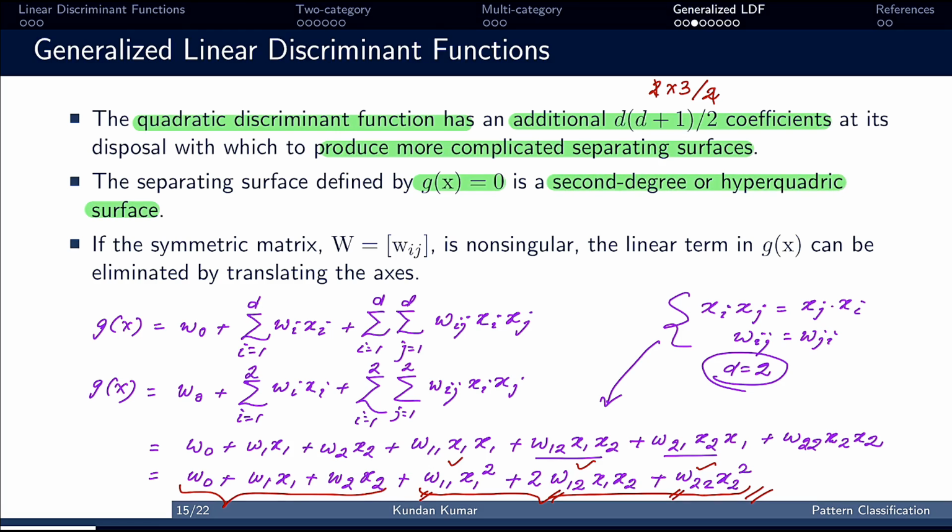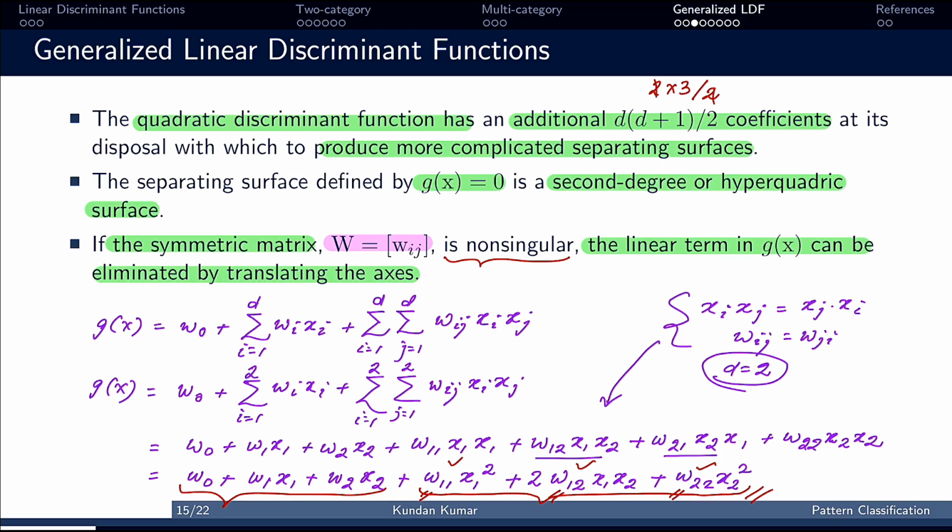And if the symmetric matrix, that is the weight matrix, is non-singular, the linear term in G(x) can be eliminated by translating the axes.